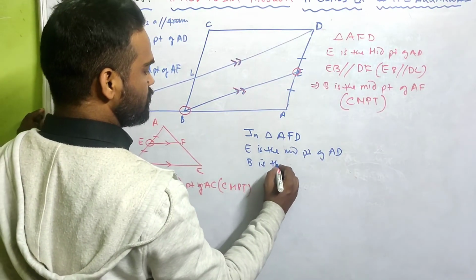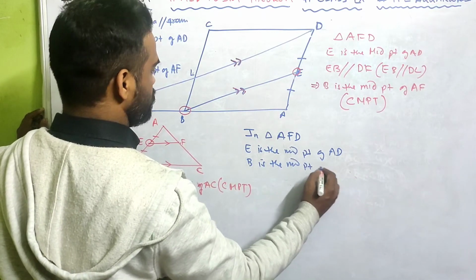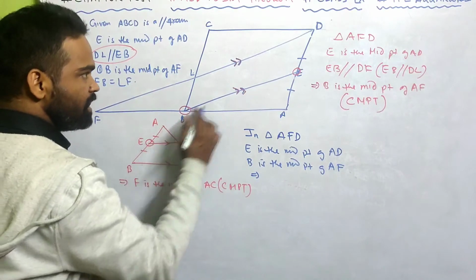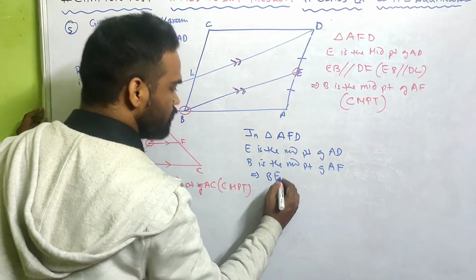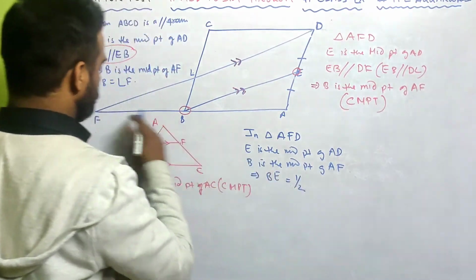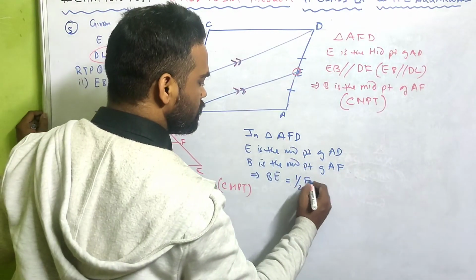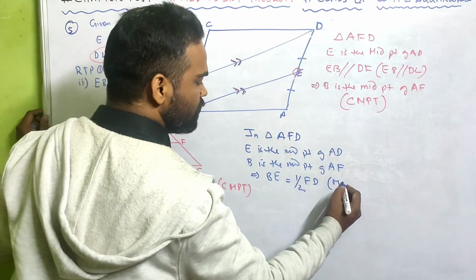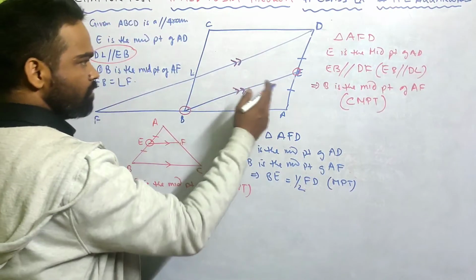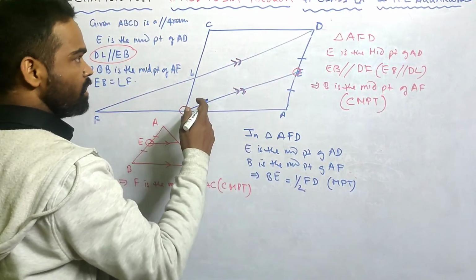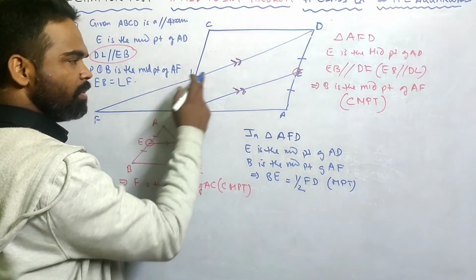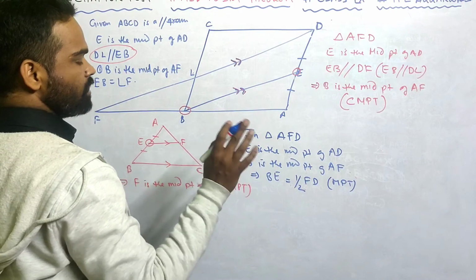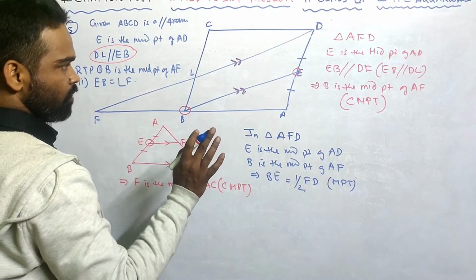B is the midpoint of AF, which simply means BE will be half of FD. It is already parallel. By the midpoint theorem, BE will be half of DF and it will be parallel. Done.